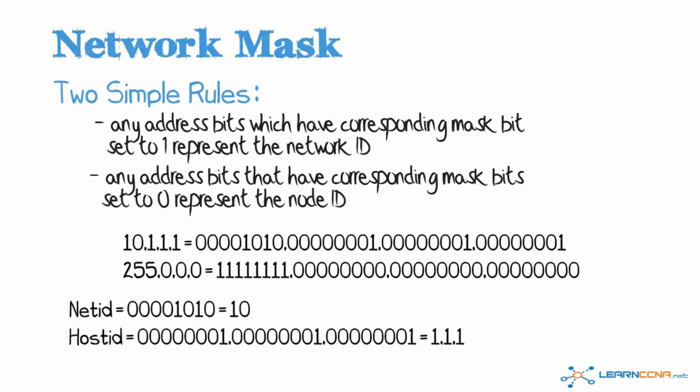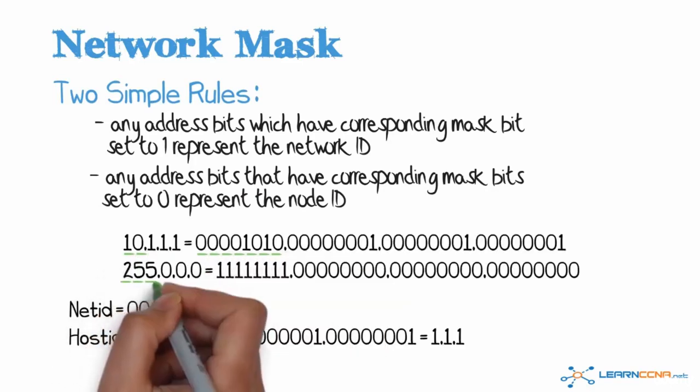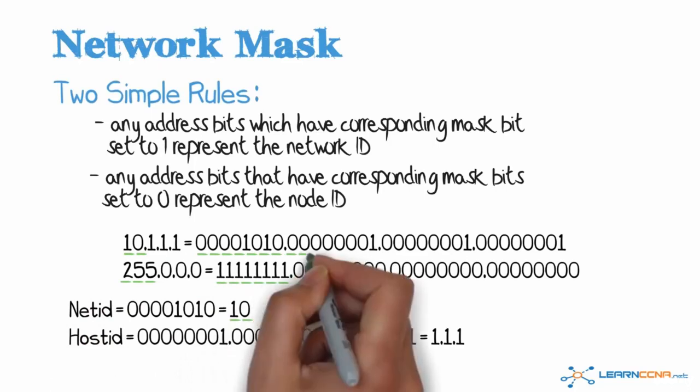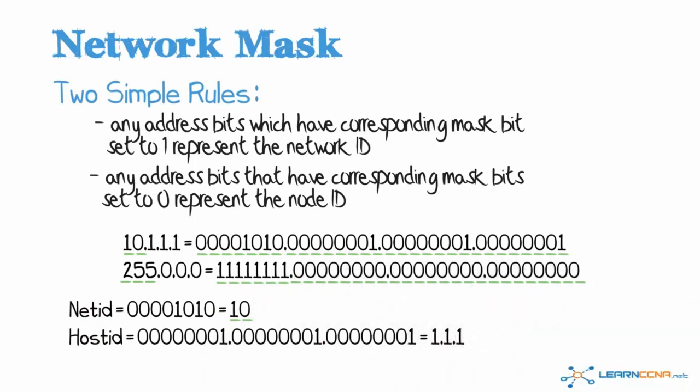So in this example, 10 is the network because there are 1s in the mask in binary, so the network ID is set to 10. Notice these octets are populated by binary zeros. That means host. So the host ID is equal to 1.1.1. So in summary, the network is 10. The host portion of the address is 1.1.1.